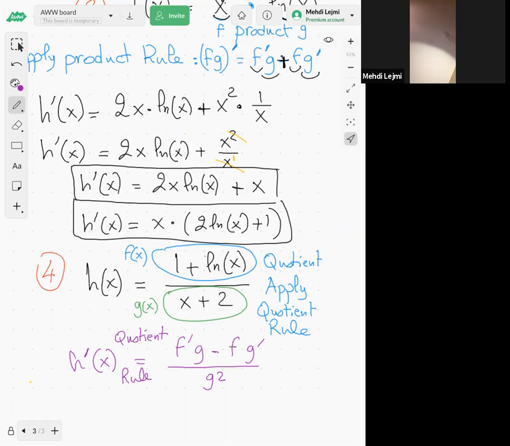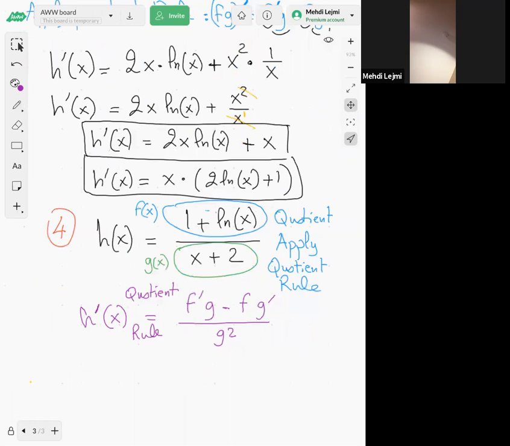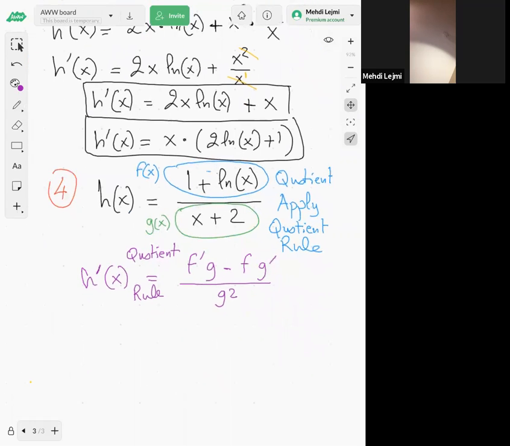All right, so then let's compute h prime of x.